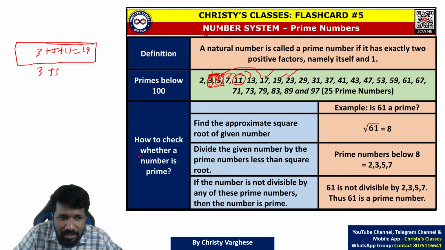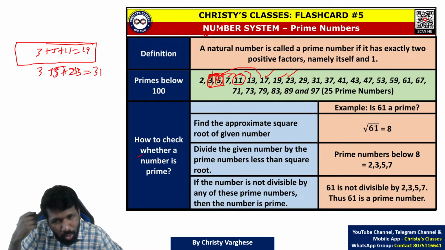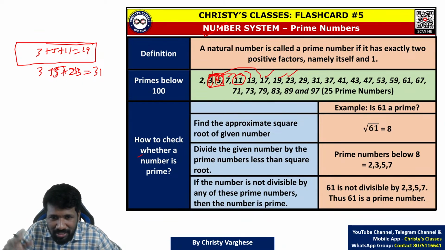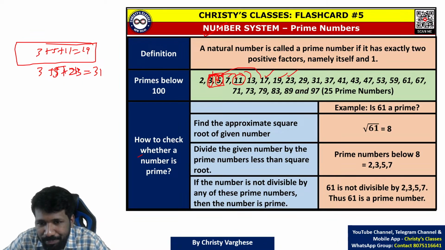So 3 plus 5 plus 23 is 31, which is a prime again. I just started with 3, 5. There are many possibilities, whether infinitely many you can cross check. But there are too many examples working this way. Just by starting with 3 and 5, we got 2 examples already.